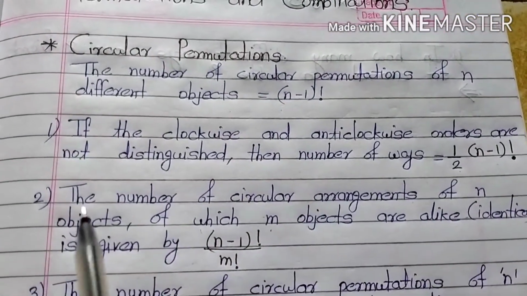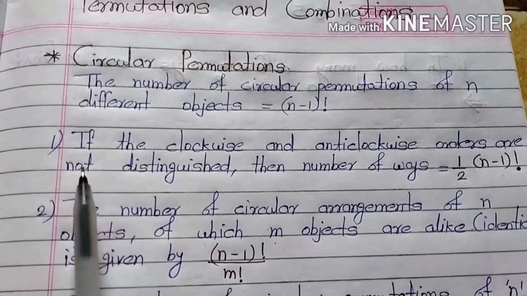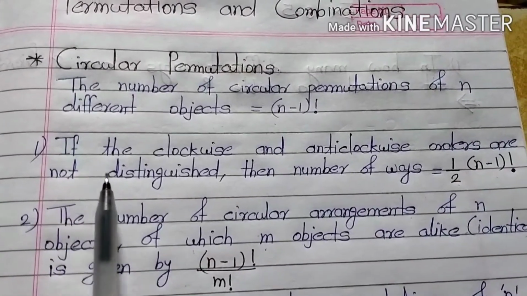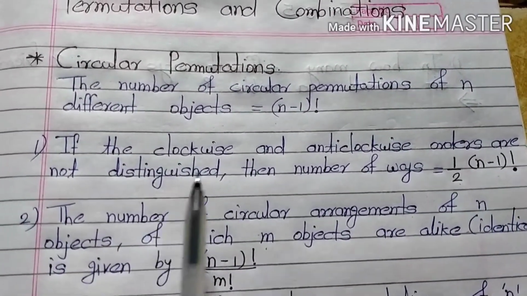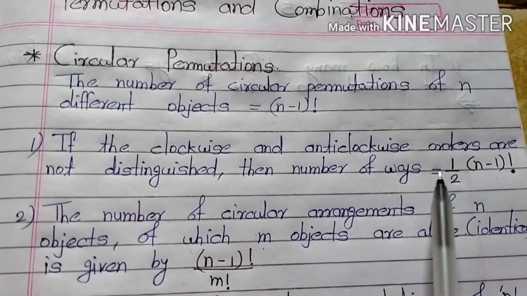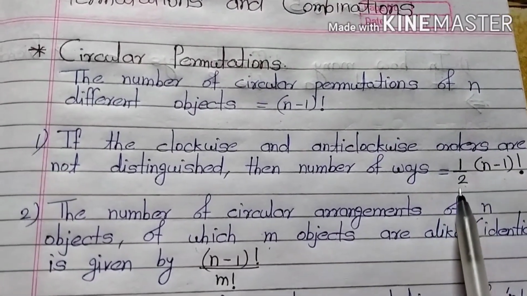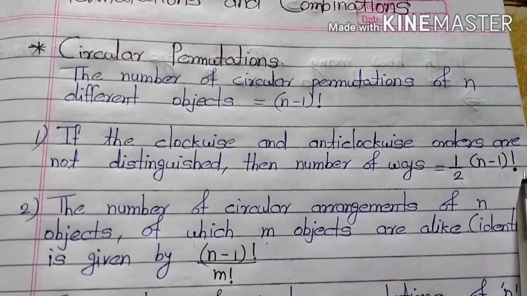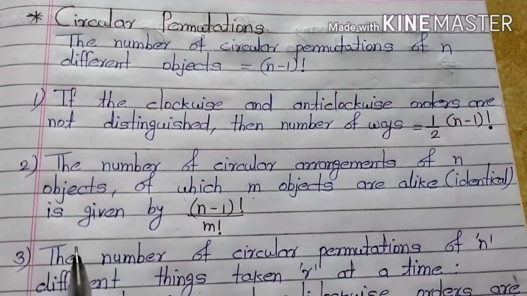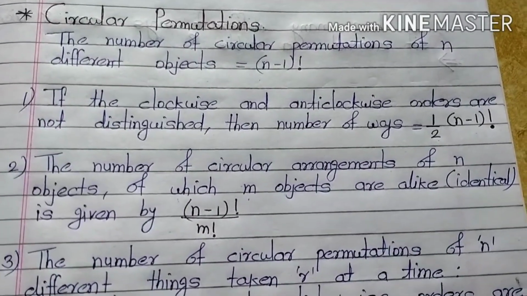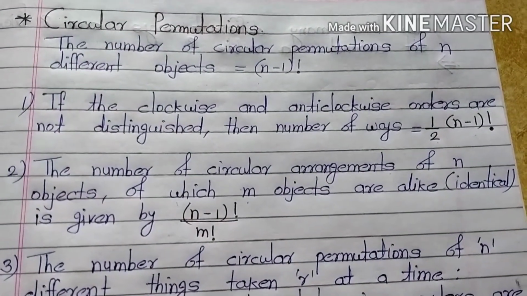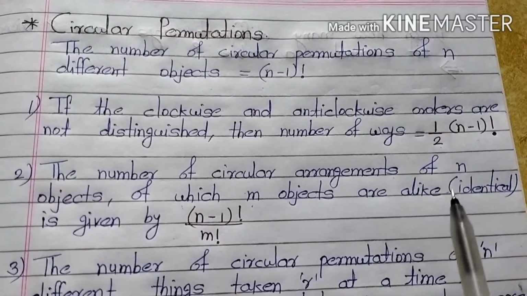Now there are other formulas. What are they? First, if the clockwise and anti-clockwise orders are not distinguished, then the number of ways is equal to 1 upon 2 into (n minus 1) factorial. Second, the number of circular arrangements of n objects of which m objects are alike.